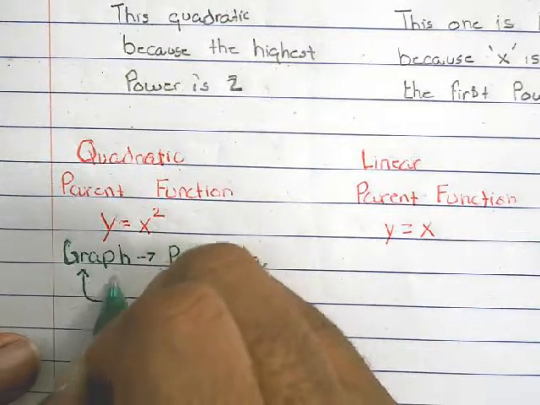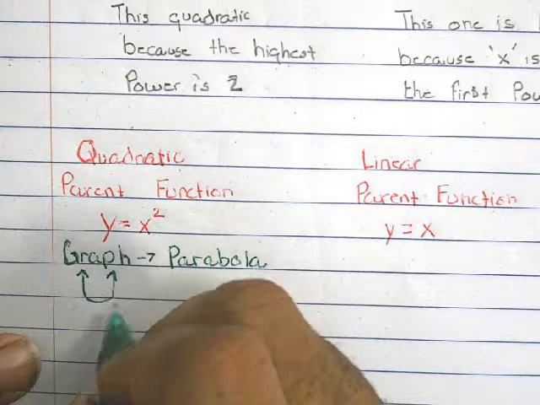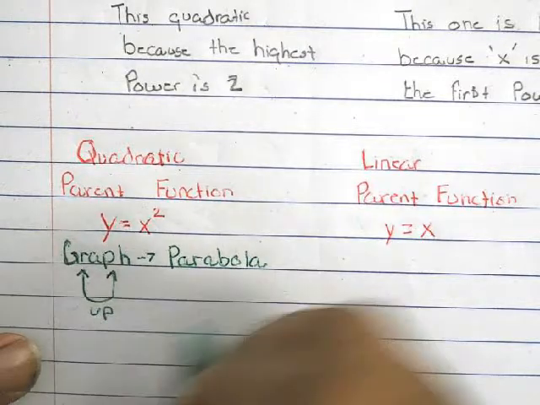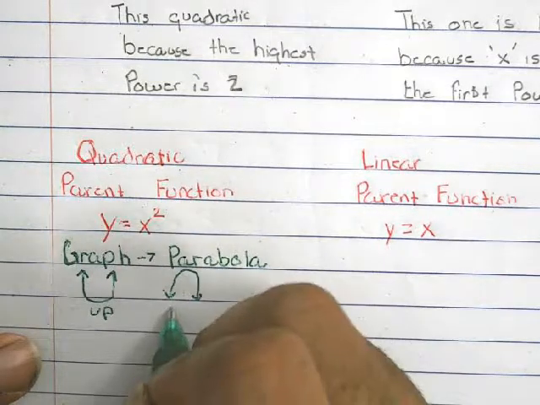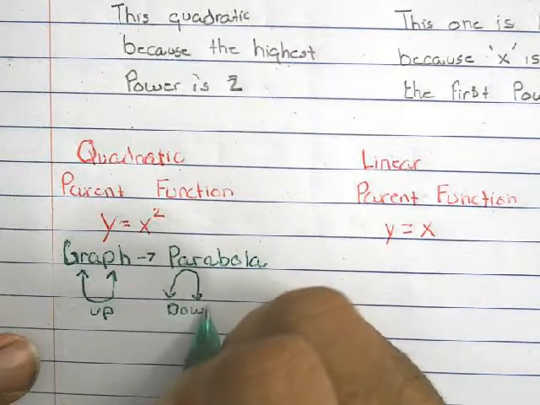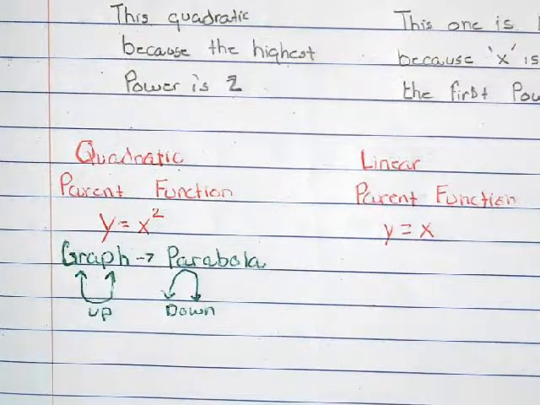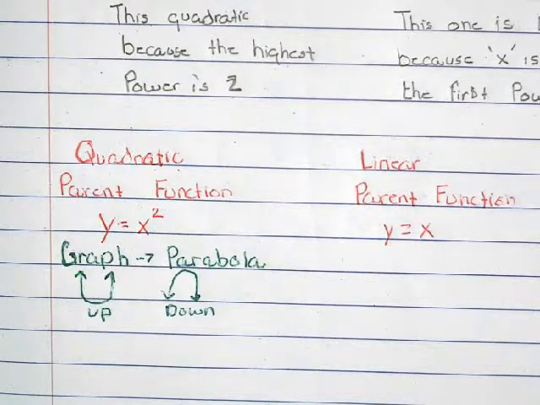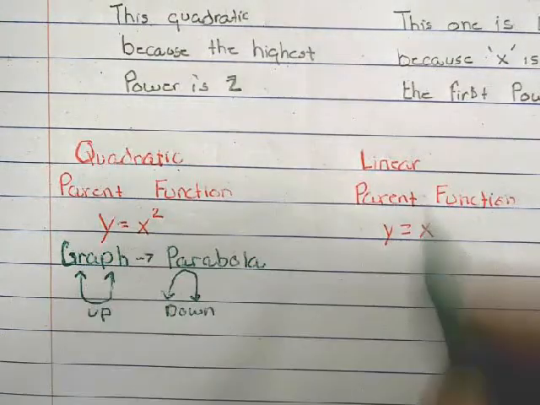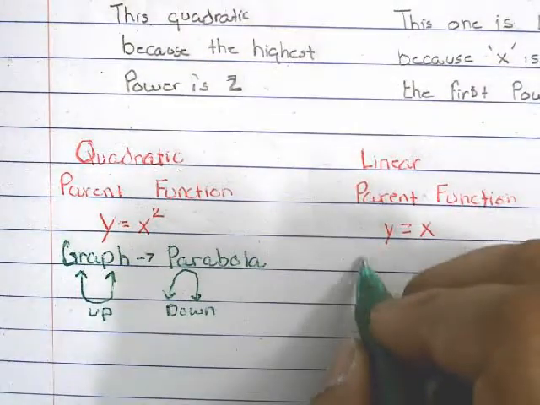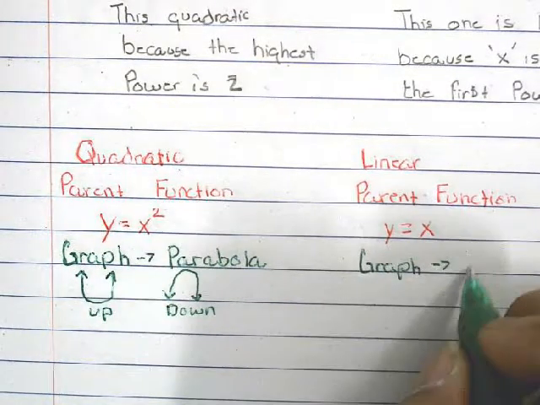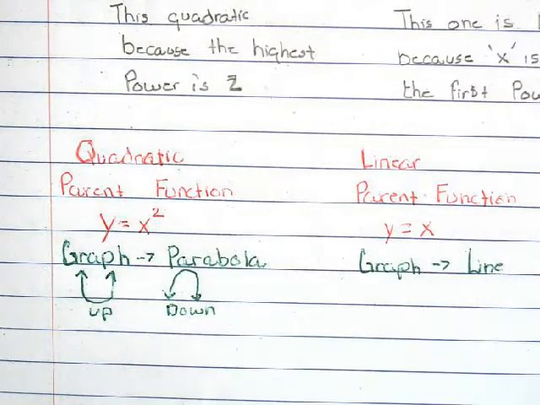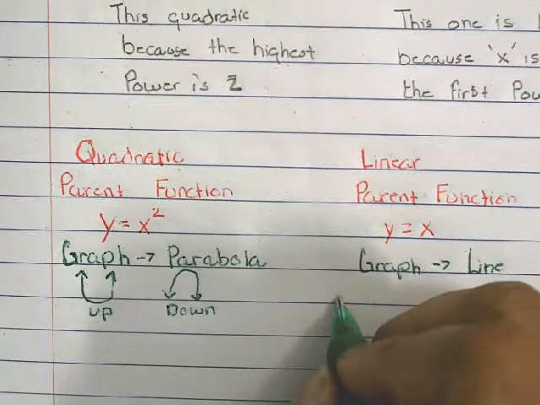This one is called facing up, and this one is facing down. And we'll talk about in a few minutes how do we know if it's facing up or down? Okay, and of course, the graph of any linear function is a line.